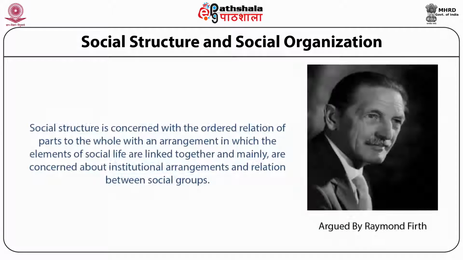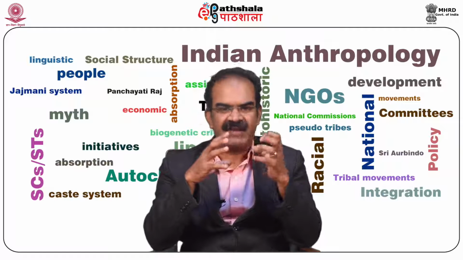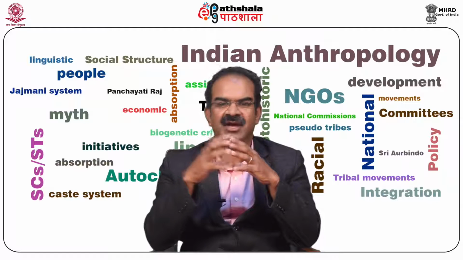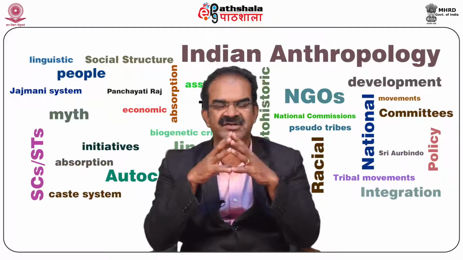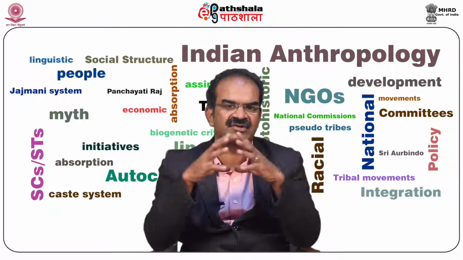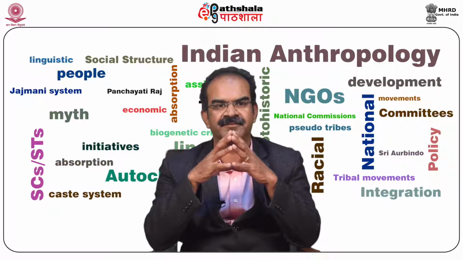He says that social structure is concerned with the ordered relation of parts of the whole, in which all the social elements are linked together, and between the various social groups. For example, family, religion, economy, political organization, social organization, all weave towards this larger whole.